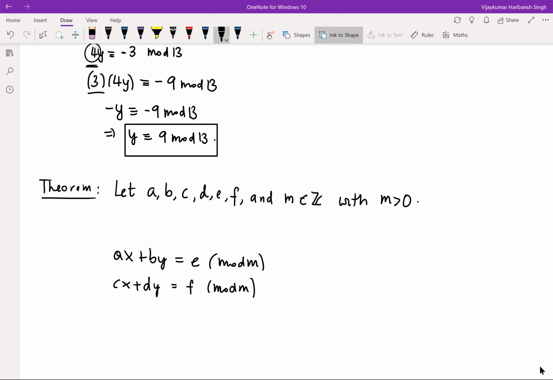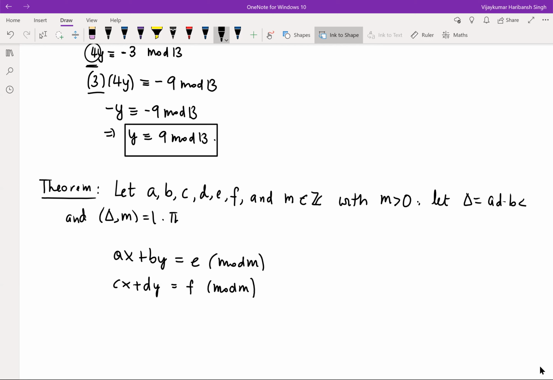Let delta be ad minus bc, and let delta and m be relatively coprime.